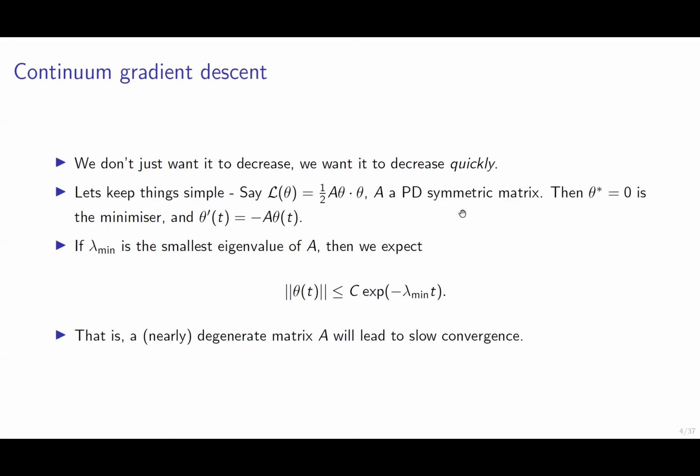It's just a linear system. And what we have is that the convergence is essentially dominated by the smallest eigenvalue of this matrix. If this matrix has a very, very small eigenvalue, we're going to go very, very slowly. So a degeneracy in this A is going to lead to slow convergence in the continuum.